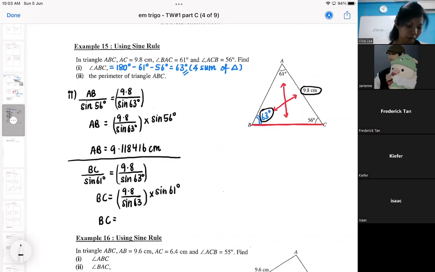So try punching it into the calculator. You don't get so much marks for using sine rule. Maybe it's just 2 marks compared to cosine rule 3 marks.